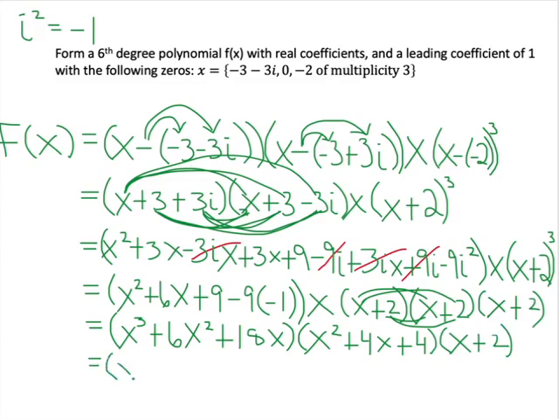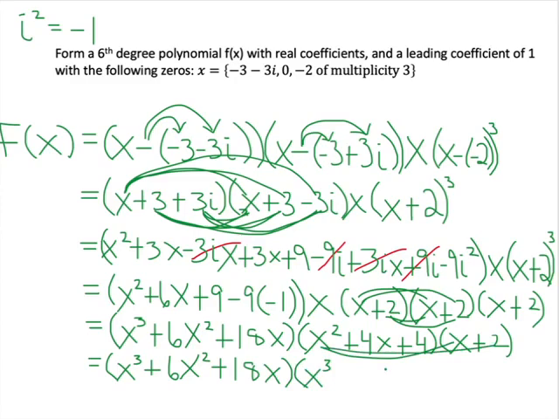So I have x cubed plus 6x squared plus 18x times I have x squared times x, that's x cubed.